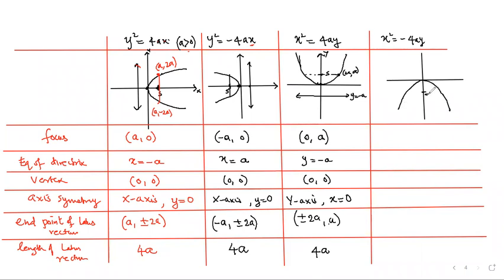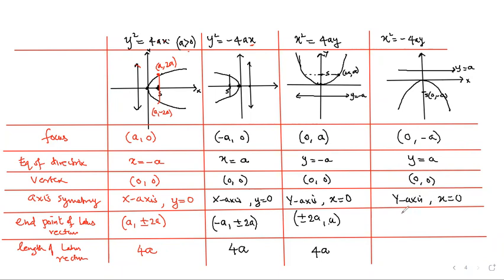The focus will be here and the directrix will be here. So 0, minus a will be the focus, and y equal to a will be the directrix. Vertex, no change: 0, 0. The y-axis will be the axis, whose equation will be x equal to 0.